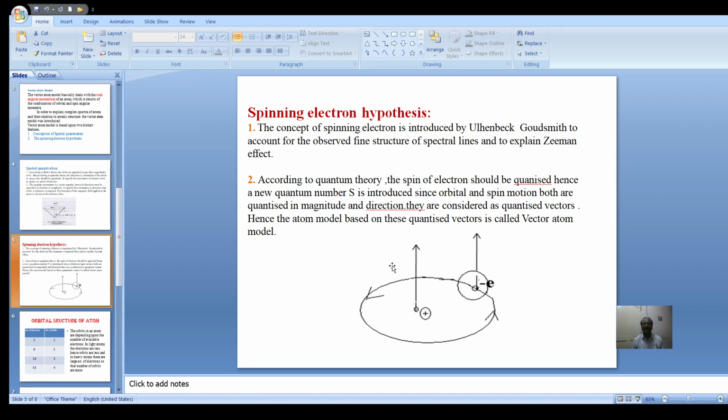So, we should know here that the vector atom model is based upon two distinct features, that is spatial quantization and the spinning electron hypothesis. In the spinning electron hypothesis, one thing is clear: our total angular momentum vector J is the result of the orbital motion of electron and the spin motion of the electron.